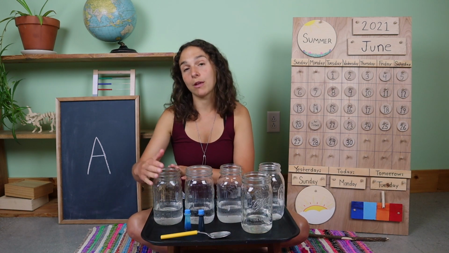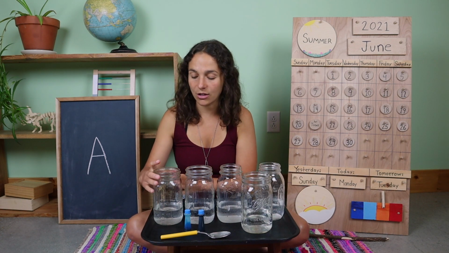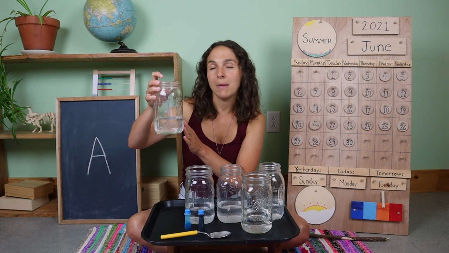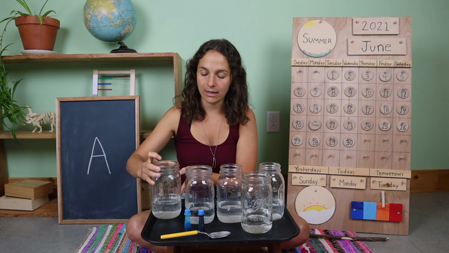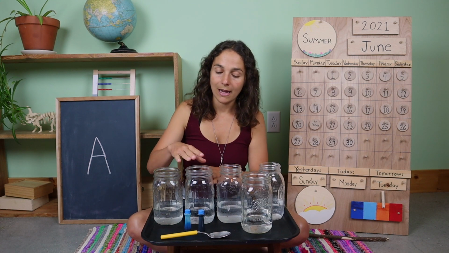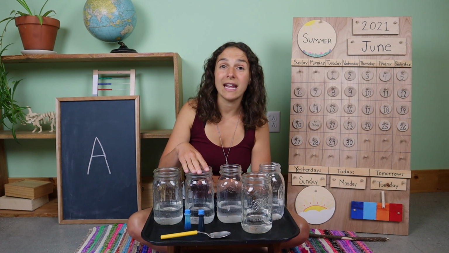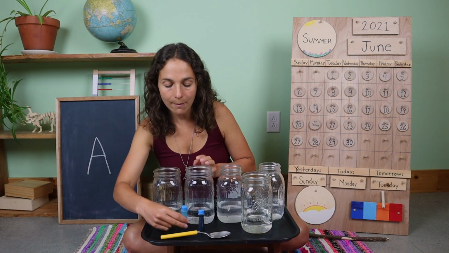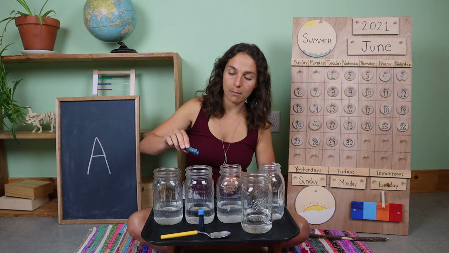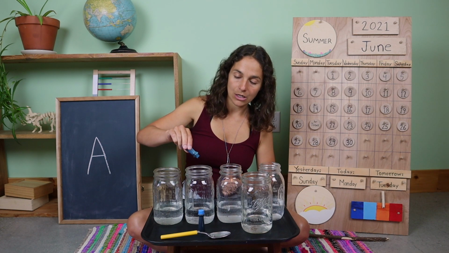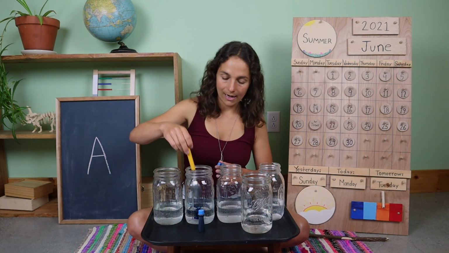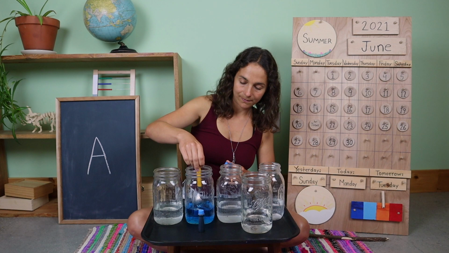So I'm going to keep the first jar, the sunlight zone, how it is, because it receives the most light. So I'm not going to add any food coloring to this jar. Next, we have the twilight zone. Now, the twilight zone is pretty dim, so I'm going to add 1 drop of food coloring into the water and give it a little mix.